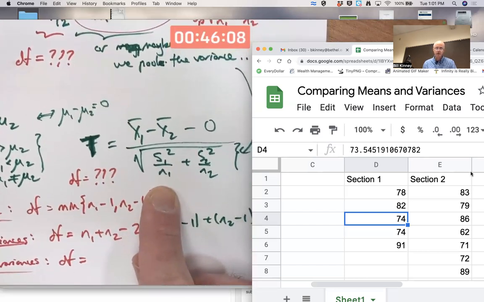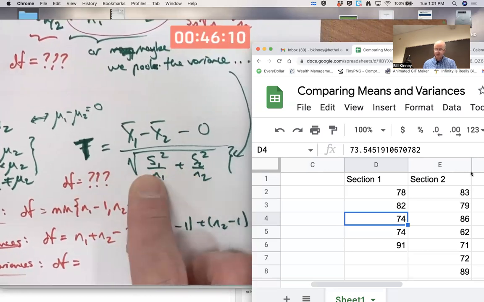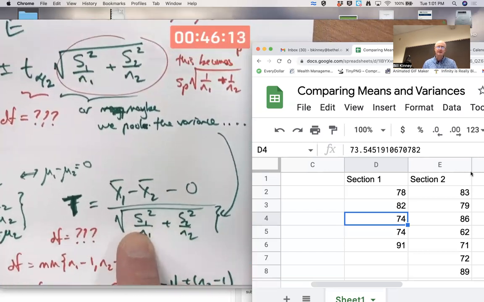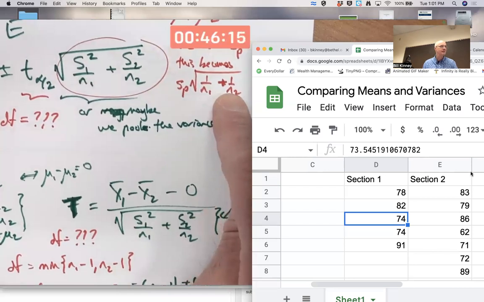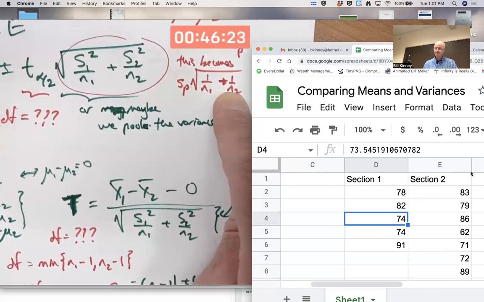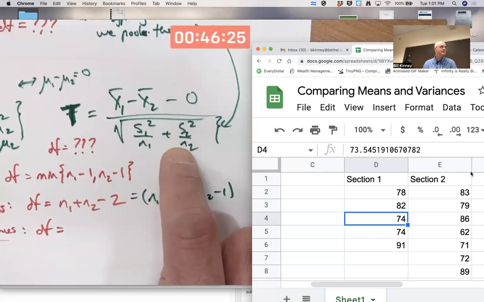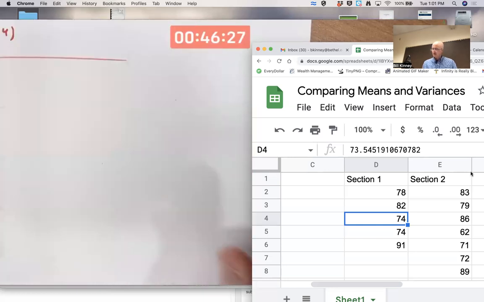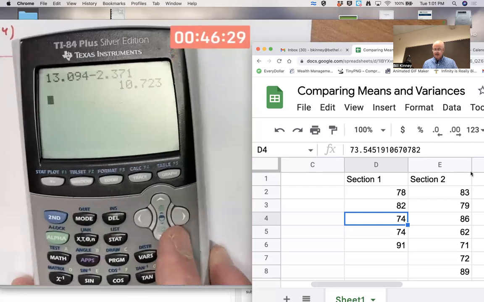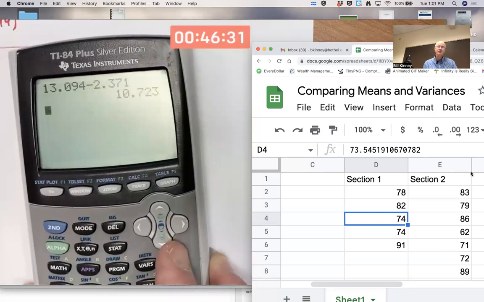In the case where you pool the variances, you replace both of those with the pooled variance, which means that thing goes in the bottom of the fraction. These formulas are all in the book. Instead of this thing. Which does mean you get a different t-statistic. You also get a different p-value.